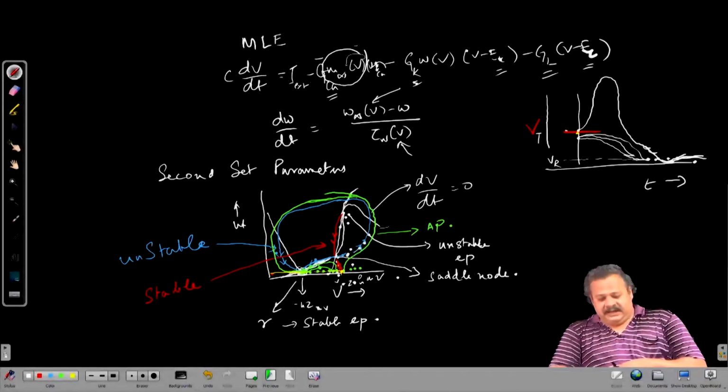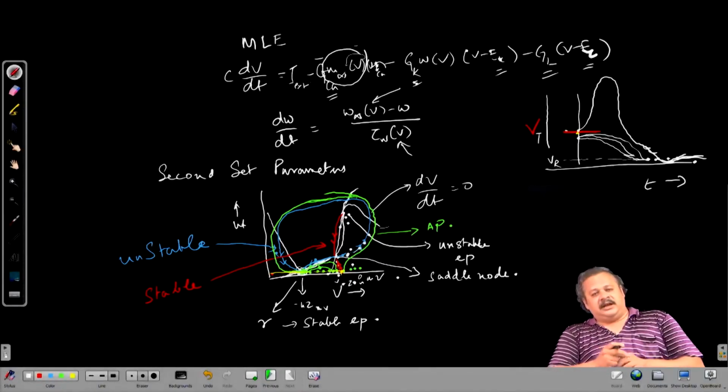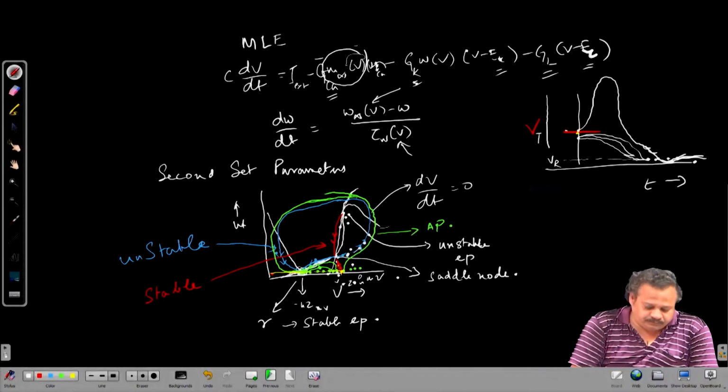So now if we extend this same idea to the Hodgkin-Huxley system, then we have to consider a reduced system where the sodium channel kinetics, or the activation gates of the sodium channel, need to be included.